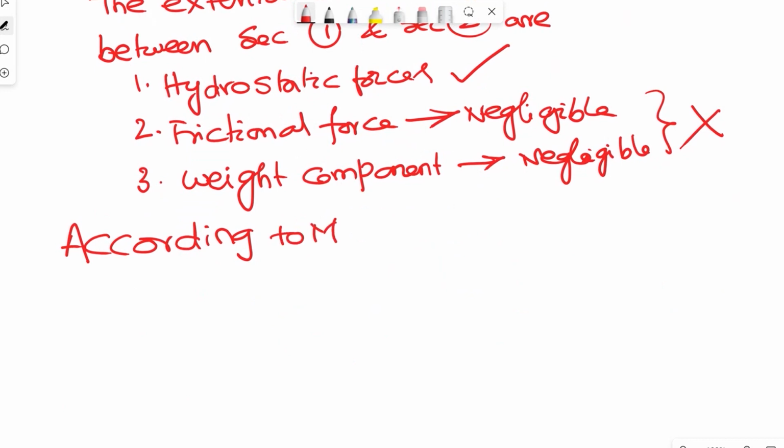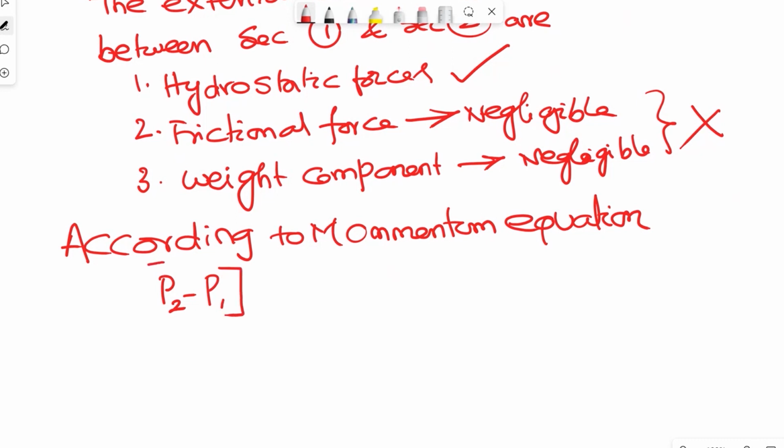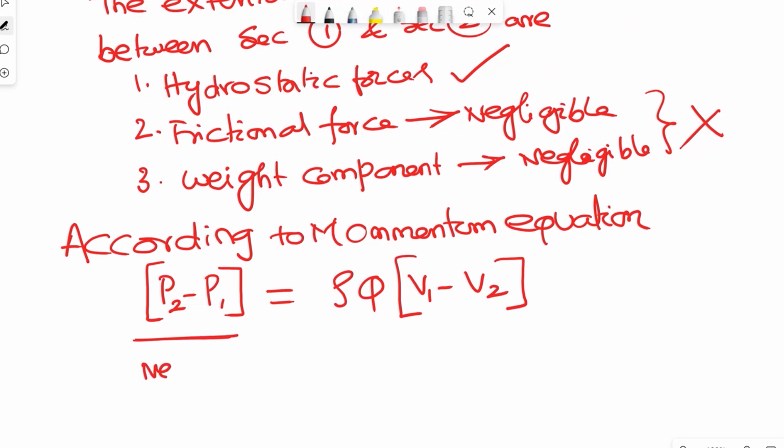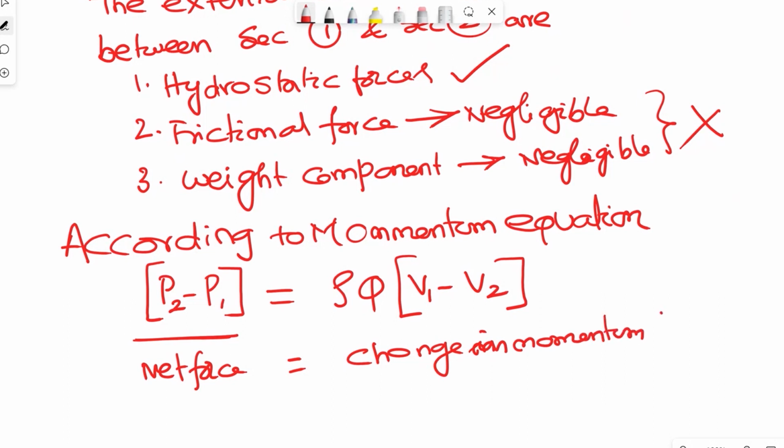According to the momentum equation, the hydrostatic pressure at section 1 and section 2 is equal to rho Q, mass of water into final velocity minus initial. This is what we call net force is equal to change in momentum per second.